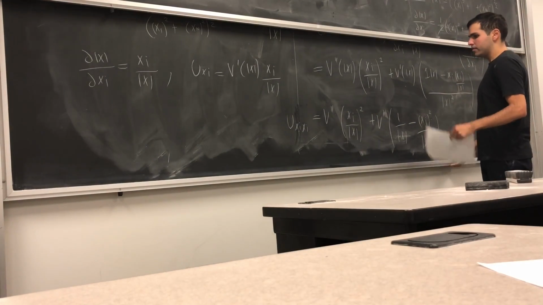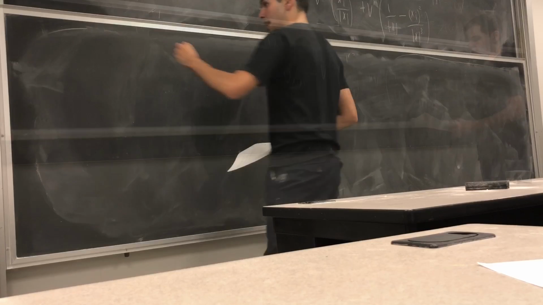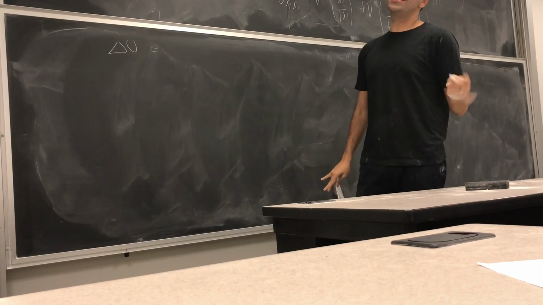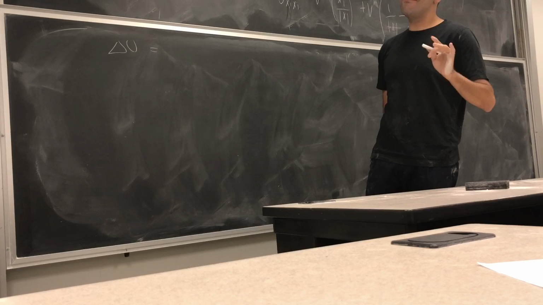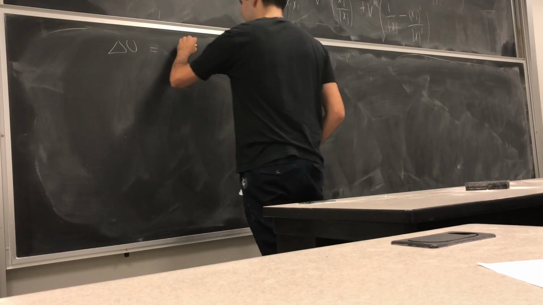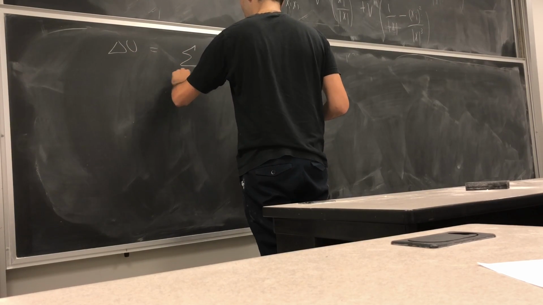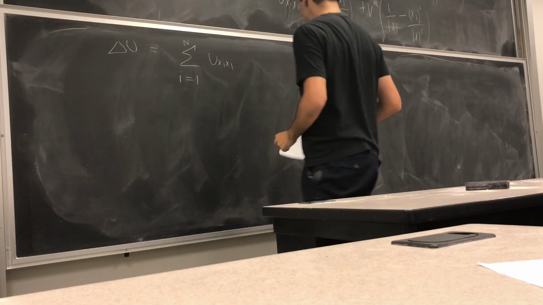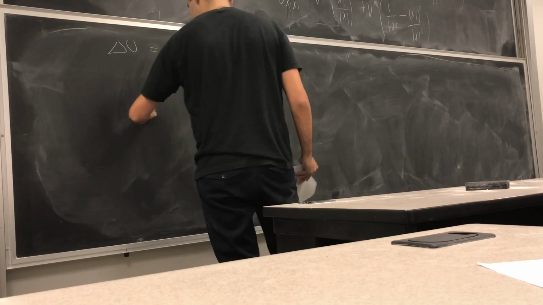So, let's do that. Laplacian of u, which becomes, I hate writing summation notation, but here it's very useful. That's the sum from 1 to n of u_xi, which is the junk that we just found.